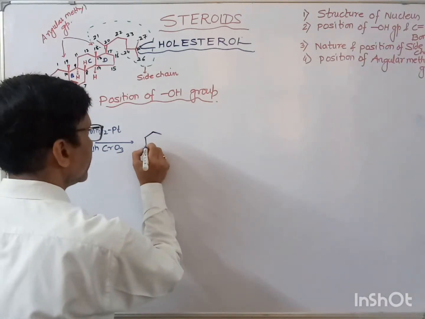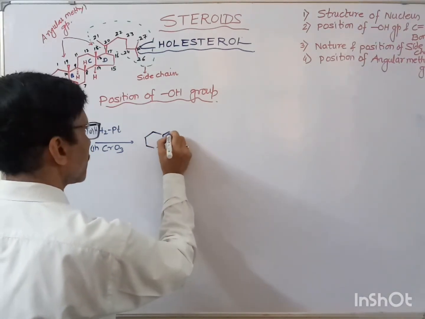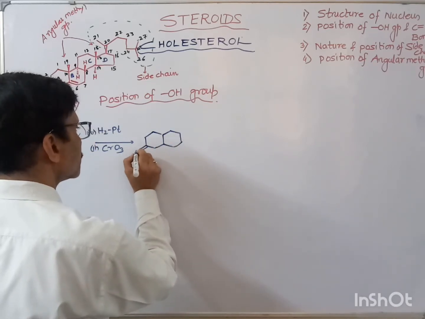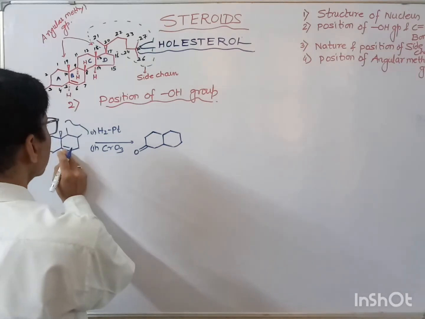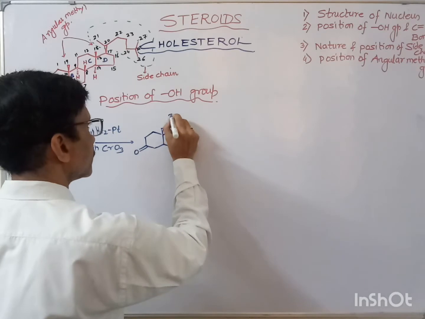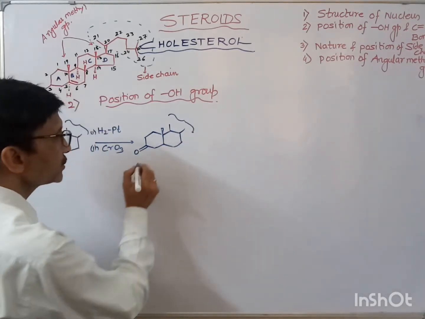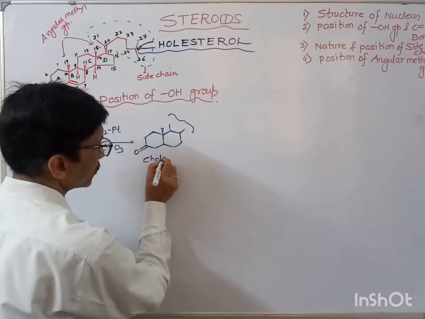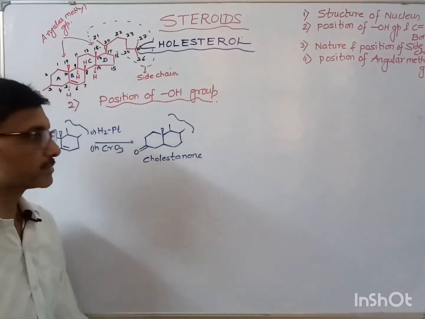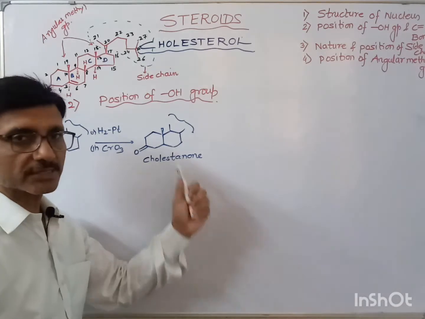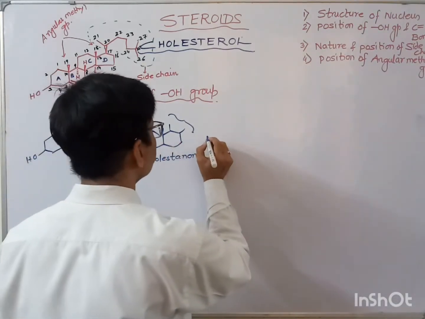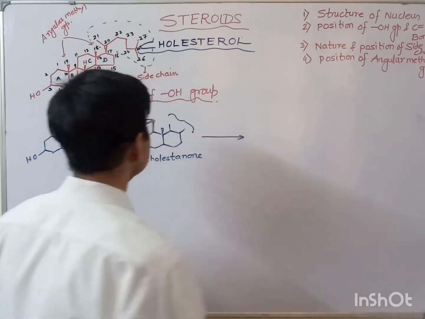So I may write cholestenol, where this double bond is reduced, and we can write it here. So this is our cholestenol. One keto group is present, that's why its name is cholestenol.